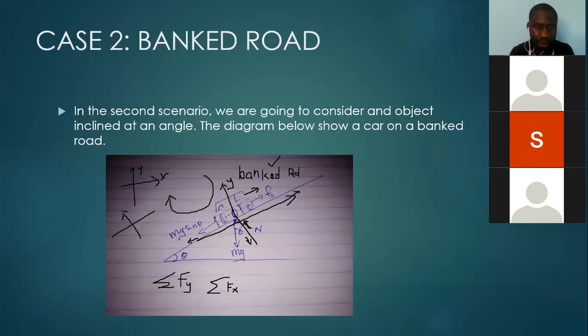And then the component of the weight of the car is trying to move the car in that direction. And then some of our friends have asked, why do we have sine theta in the y-axis? I mean, this is the x-axis, by the way, but we have the component of the weight as mg sine theta.